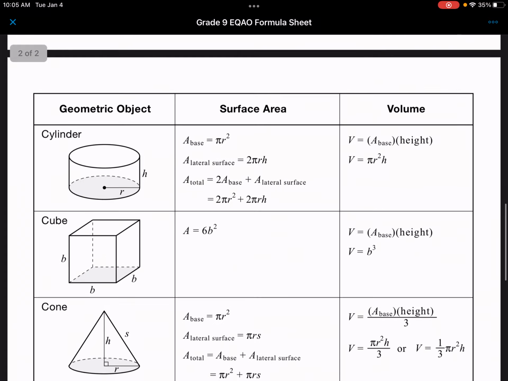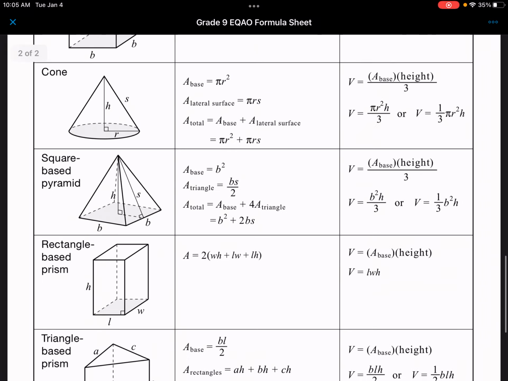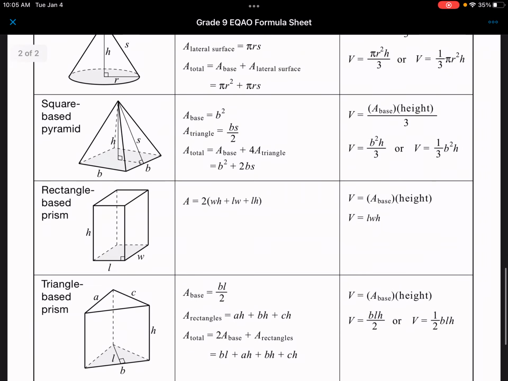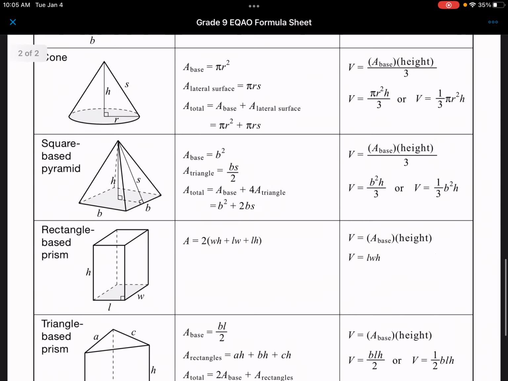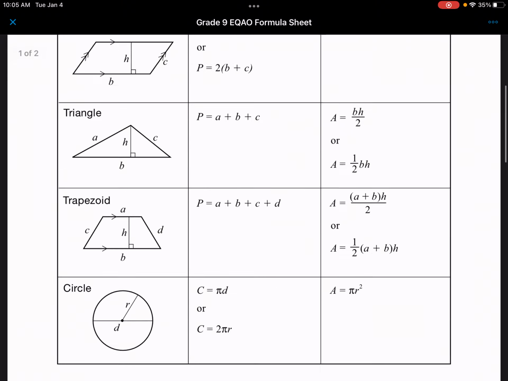Some other shapes that you might know, and we'll get into this in three-dimensional shapes later on. You might know the surface area and the volume of a cube. Should also know the surface area and volume of a rectangular and a triangular base prism, as well as a cylinder. We'll go over these a little later as well.